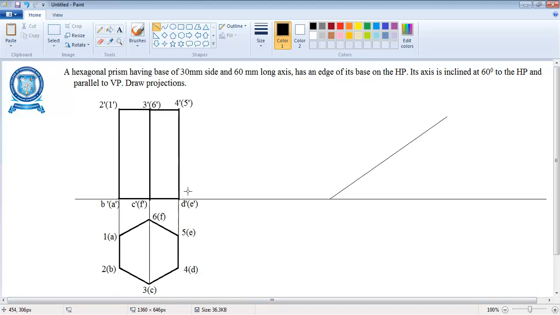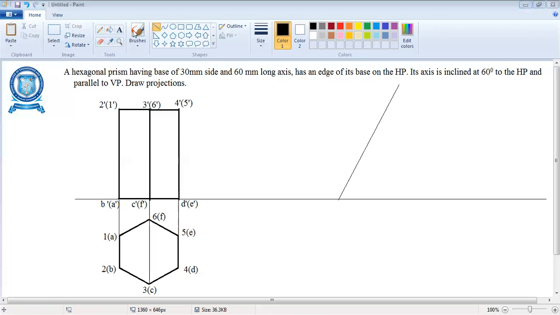For our convenience, we incline this edge at 60 degrees.